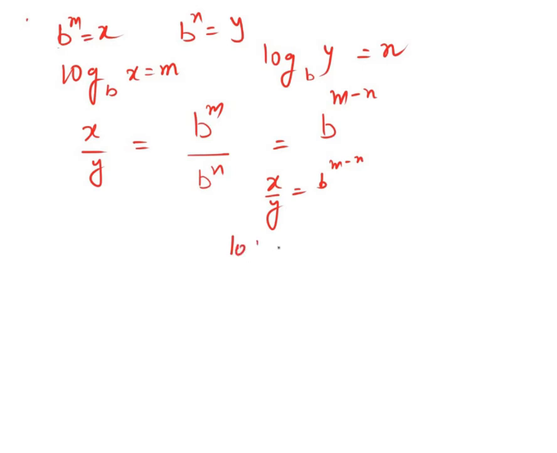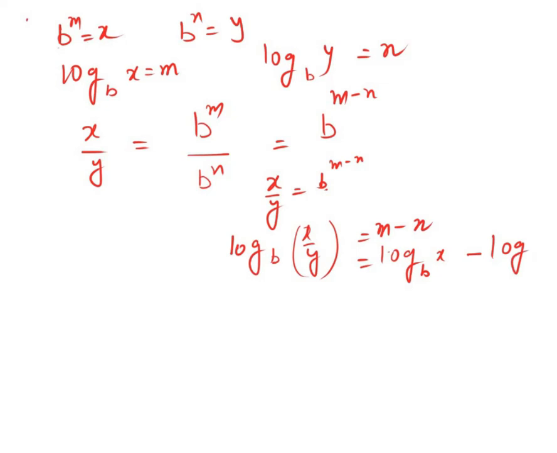And that will be log of x over y to the base of b is m minus n. And what is m minus n? m was log of x to the base of b minus log of y to the base of b. So this is called the subtraction law, division law, law number 2.